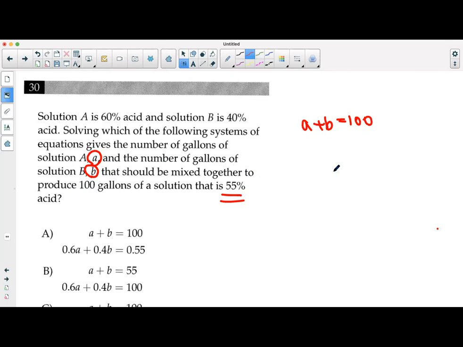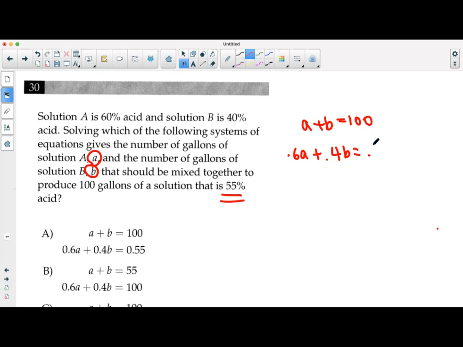The first equation is all about the total quantities. The second one is because they're talking about a percentage of acid, so we're going to look at the amount of acid from each one. The first one is 60% acid, so it's going to be 0.6A. That gives me the amount of acid from the first solution. The second one is 0.4B, because that's the amount of acid from the second one.